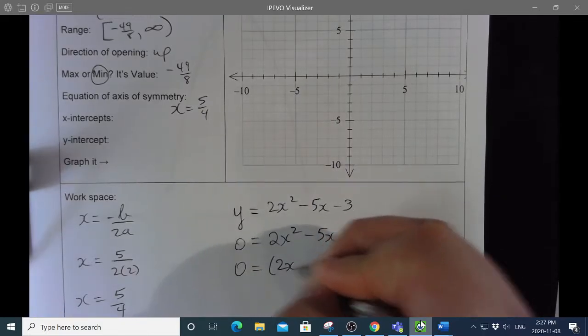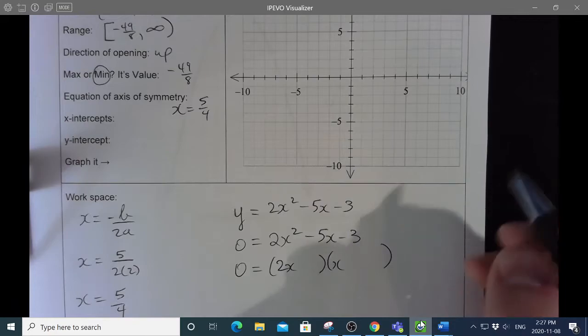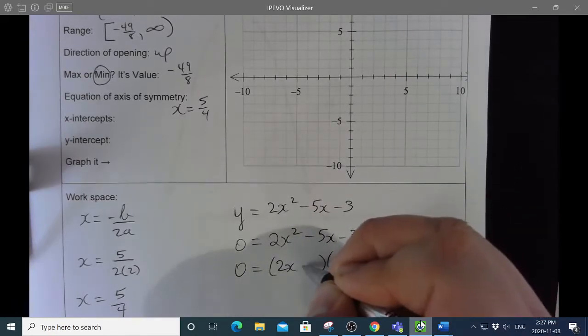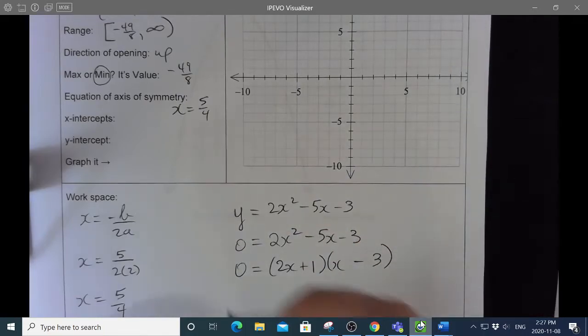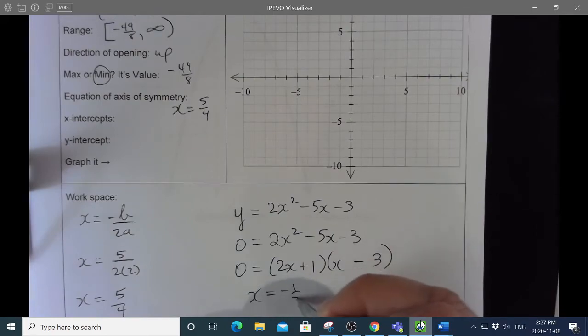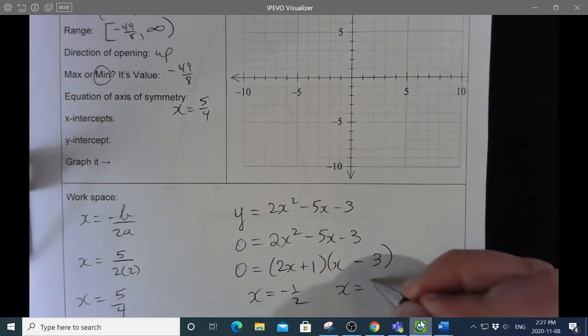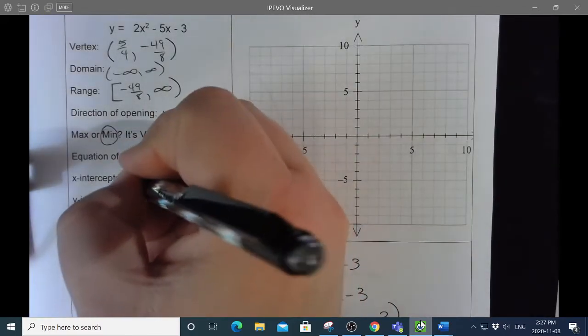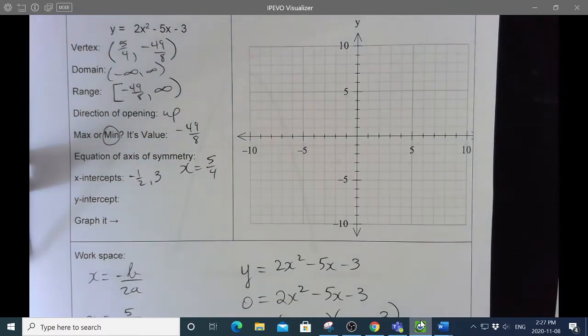So I just have to organize it so that the 2 times is the negative 3 to make negative 6, and then plus 1. So there we go. So that means that I have 2 x-intercepts. I have x equals negative 1/2, and I have x is equal to 3. Cool. So back to there, negative 1/2 and 3.